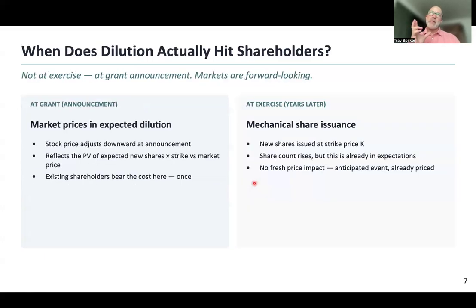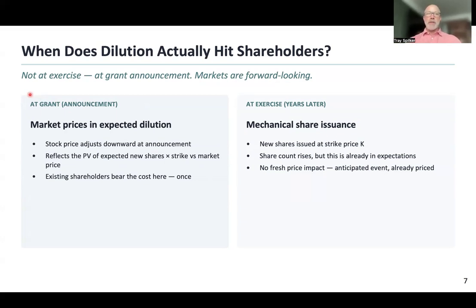Now, I had mentioned these employee stock options when they're exercised. Remember, the company issues shares. So, when does dilution actually hit the shareholders? As I mentioned before, markets are forward looking. It's not going to happen at exercise. It's going to happen when the grant announcement takes place.